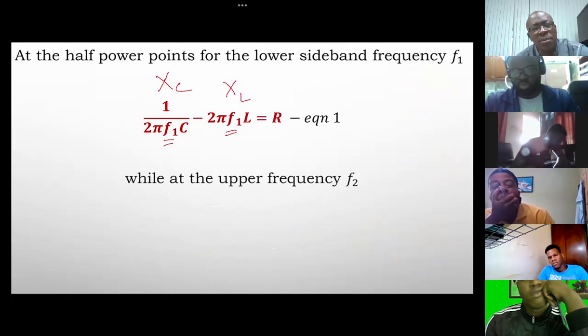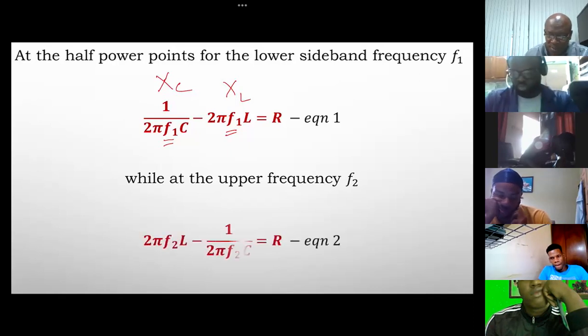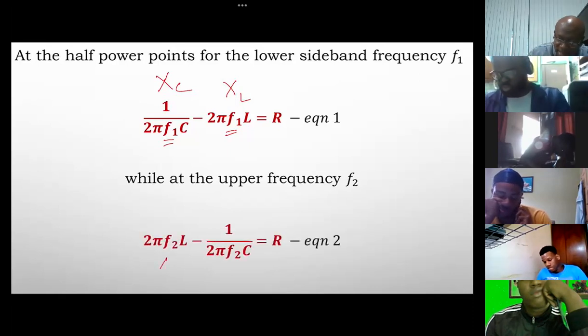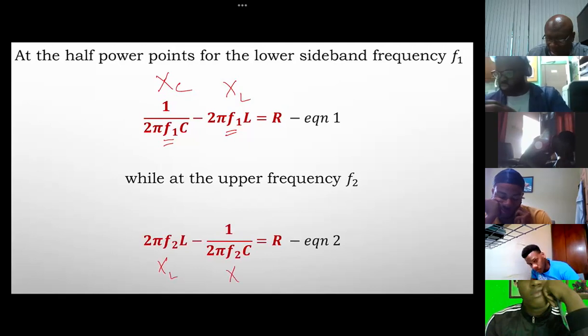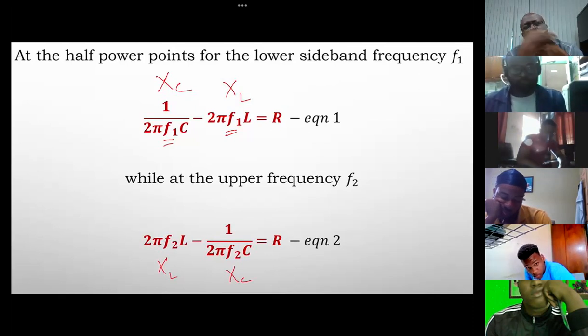At F2, what we know is that XL minus XC is equal to R. So at F2, this will be XL, that's XC. And we show that in the diagram. We show that above FR, the inductive reactance is larger.